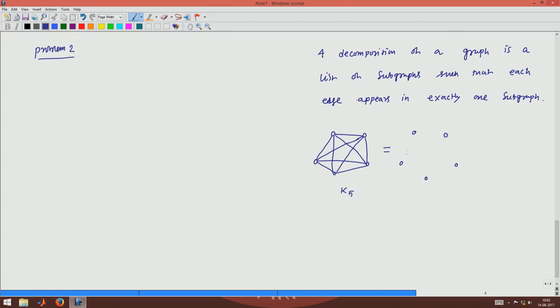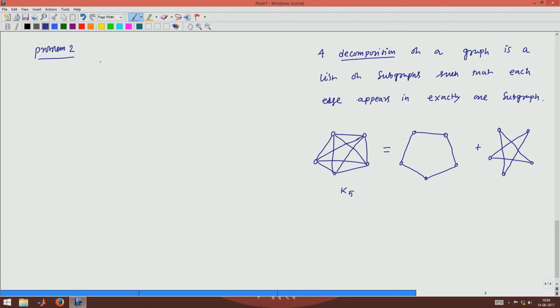This graph can be written as the union of these two subgraphs. So, K5 can be decomposed into this plus this graph. This is what the decomposition of a graph means.